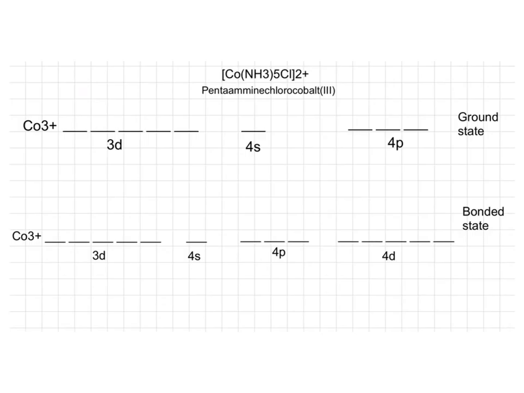So now I'm going to attempt to draw the valence bond theory for pentaamine chlorocobalt 3. Cobalt 3 has 6 electrons in the 3d orbital: 1, 2, 3, 4, 5, 6. And because it is a weak field, it does not have to go to an excited state.